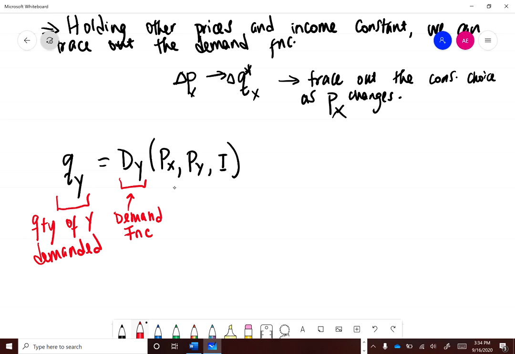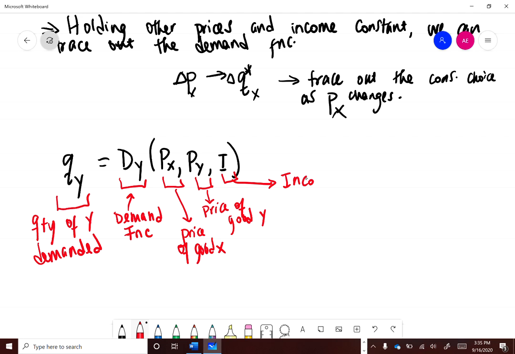All right, and then we have P of x, which is the price of good x. That's right, you guessed that correctly. So if P of x is price of good x, what would P of y be? Yes, price of good y. And I here is income.